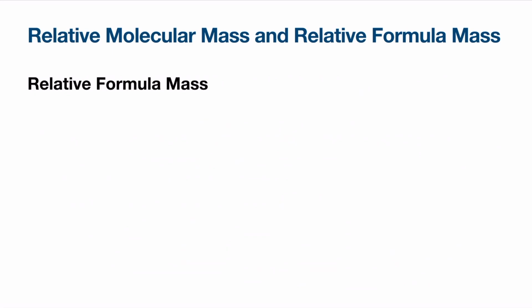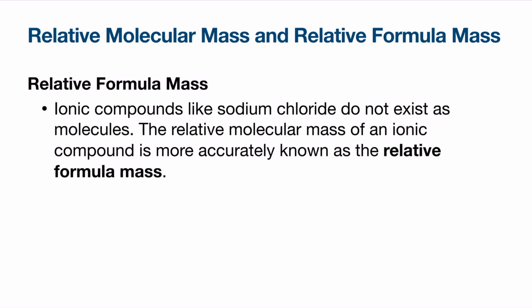Now, we have relative atomic mass, we have relative molecular mass, and this time we have relative formula mass. And what does it mean? Ionic compounds, just like sodium chloride, do not exist as molecules. The relative molecular mass of an ionic compound is accurately known as relative formula mass.